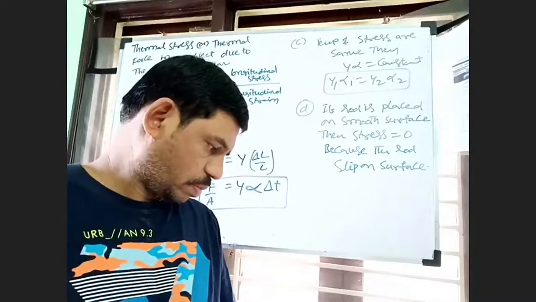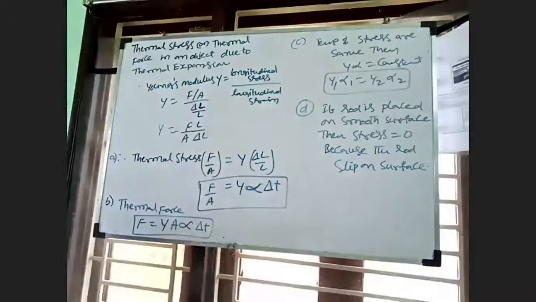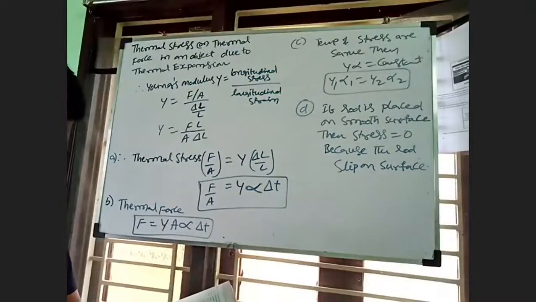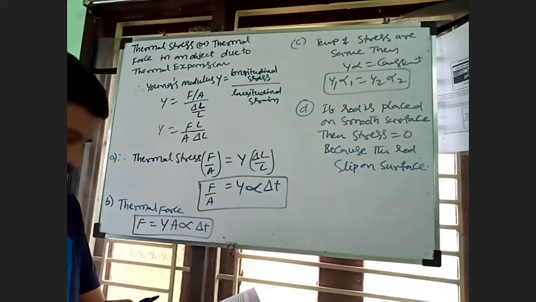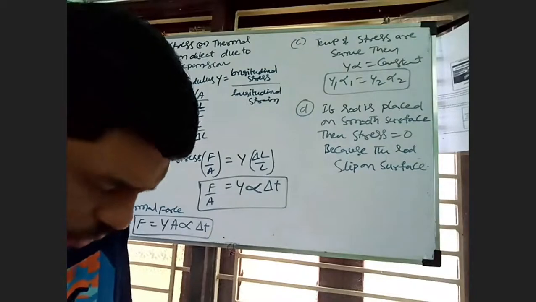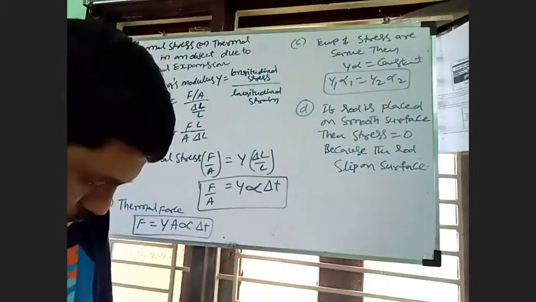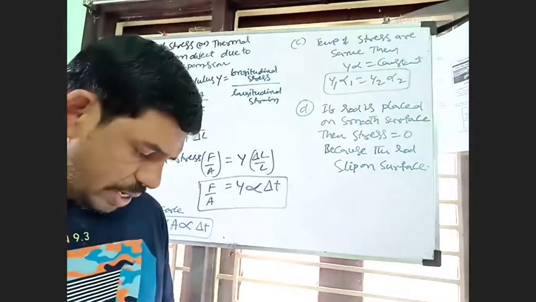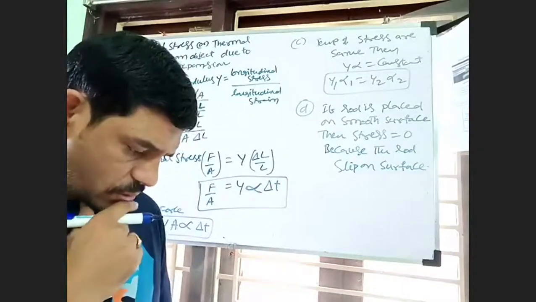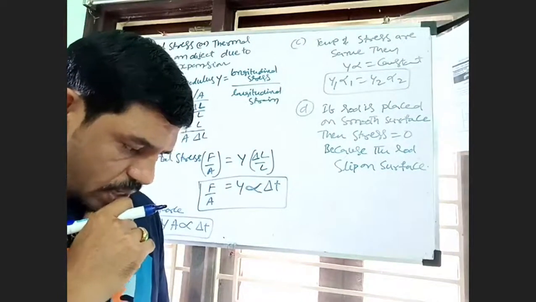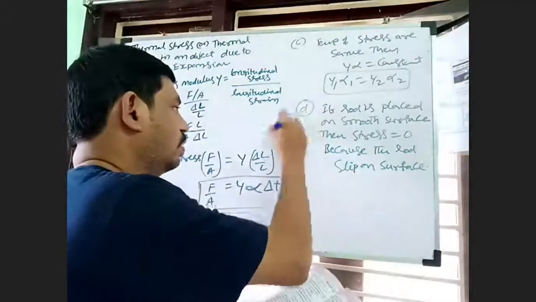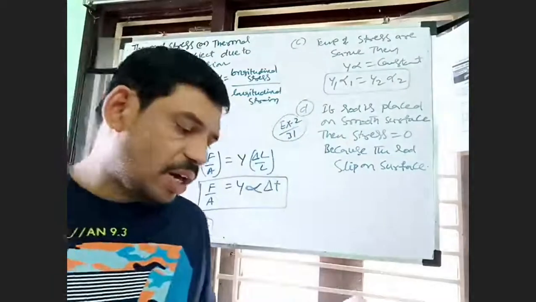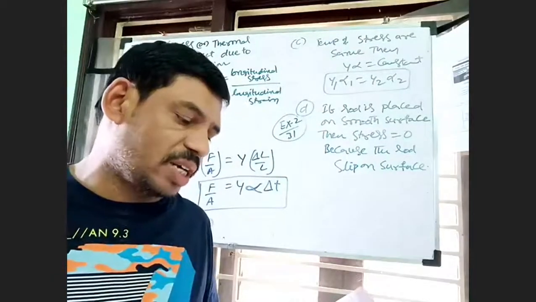Sir, problem 12.26 also, sir. Example problem 12.26, not example 2.6. Exercise 2, question 31. A steel rod of length 1 meter rests on a smooth horizontal base.